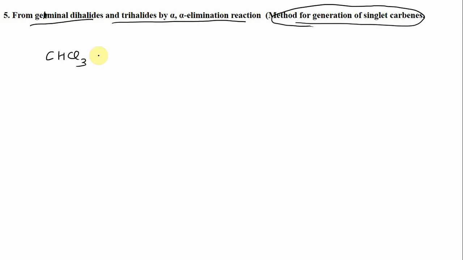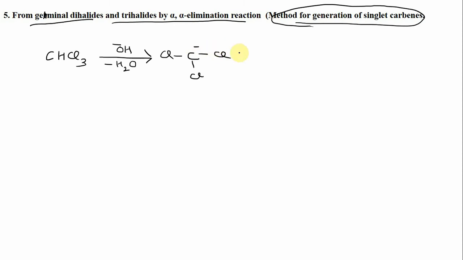So when this chloroform molecule is treated with the base hydroxyl ion, the base takes this hydrogen as H plus ion. So there is a loss of water molecule, and since this hydrogen is lost as H plus, that leaves a negative charge over this carbon with three chlorines. So it becomes CCl3 negative.